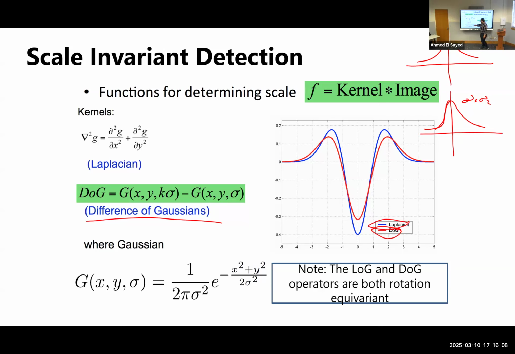So the concept of difference of Gaussian means I will make subtraction for two Gaussian functions at different sigma values. This subtraction will produce a signal very close to the Laplacian of Gaussian signal. We will call this signal difference of Gaussian.